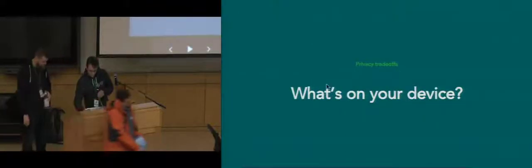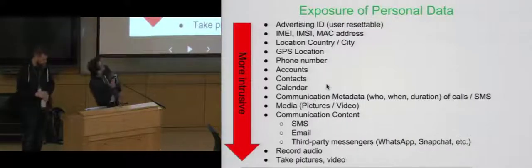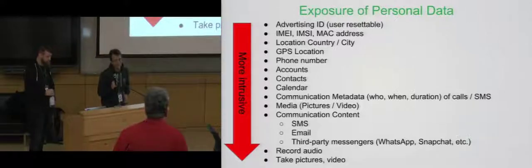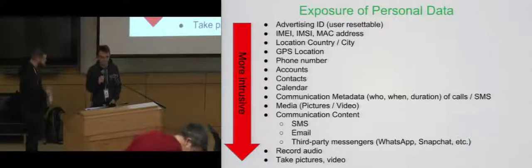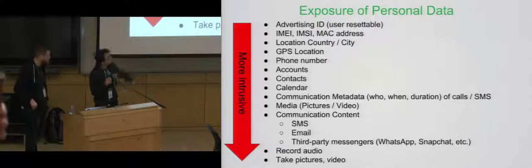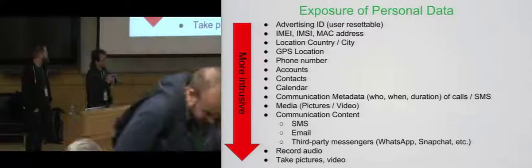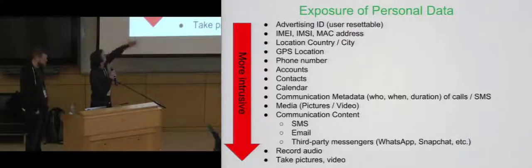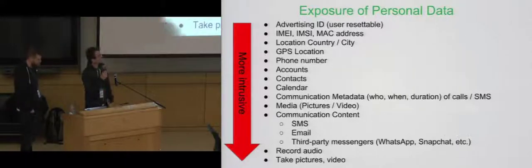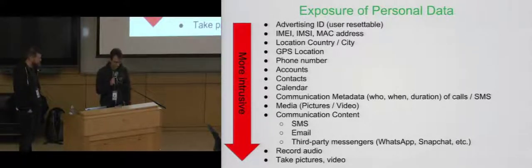Maybe I'll switch to the next slide, or there we go. So I think we are all aware that we are making some privacy trade-offs in return for free apps or free information. So this is a probably somewhat incomplete list of all of the information on your phone. I tried to sort it in order of increasing intrusiveness, but that's somewhat subjective, I suppose.